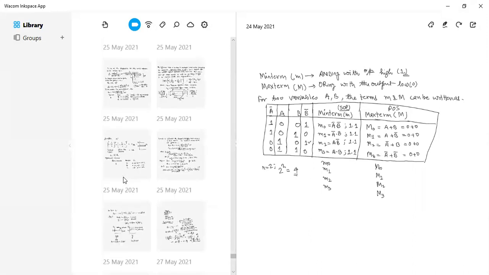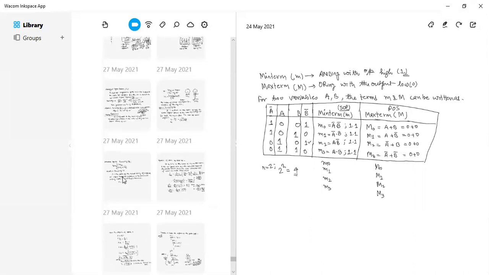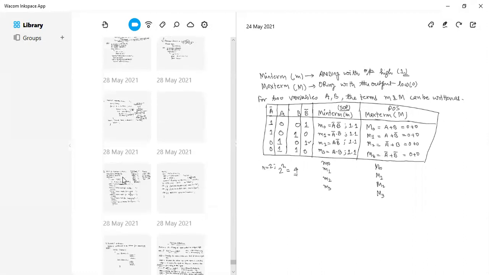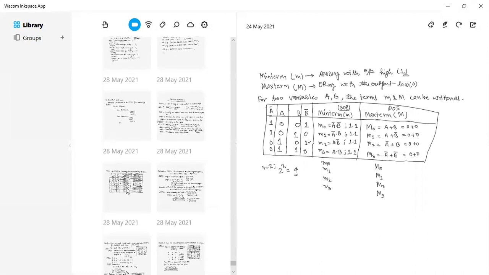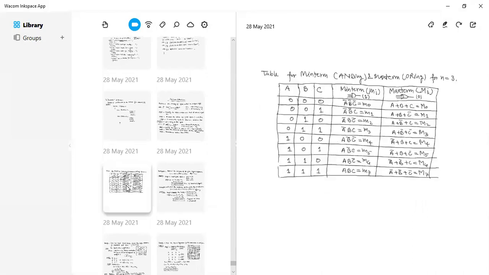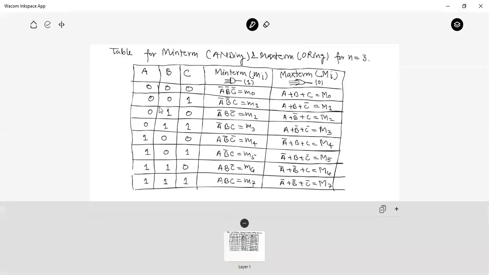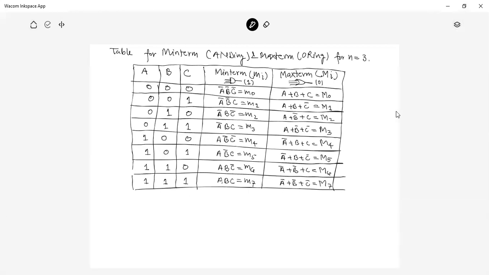Now we take the 3 input case. If there are 3 inputs, how many max terms and min terms may be there? If n is equal to 3, then 2 raised to the power 3 is 8.